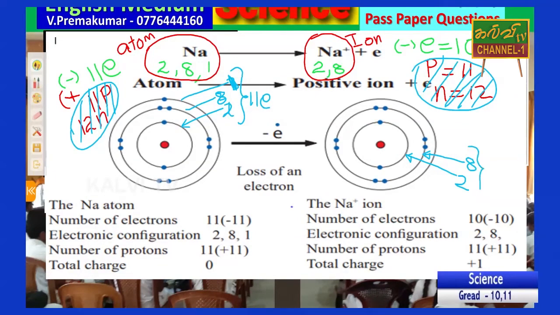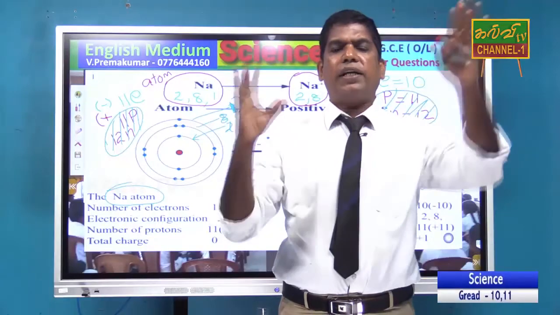Here how many electrons? 10 electrons. This is called an ion, this is called an atom. So now we can understand that the ion and atom have different numbers of electrons, but they have the same number of protons and neutrons, right?